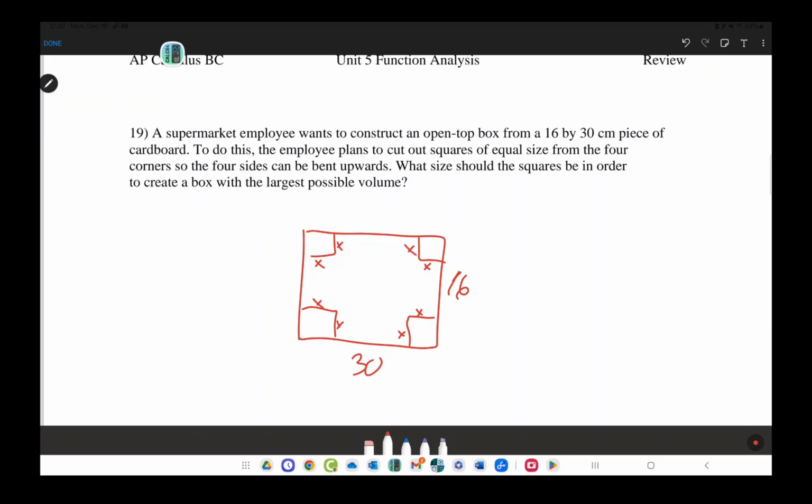What size should the squares be in order to create a box with the largest possible volume? All right, so volume is equal to length times width times height, and the height of my box will be x, because when you fold here, you will have a box that has a height of x.